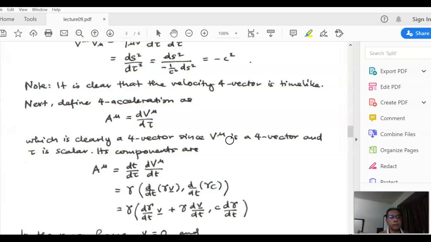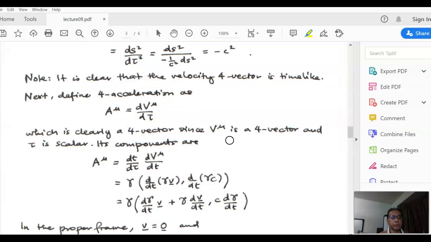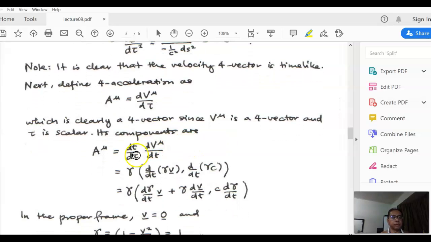We can see what their components are just the same way. You convert it into the time coordinate, and essentially what we have is the derivative with respect to time of gamma v as the first three components, and the time derivative of gamma c.